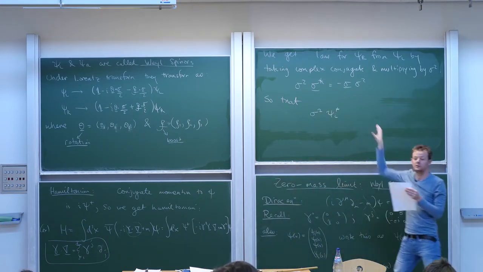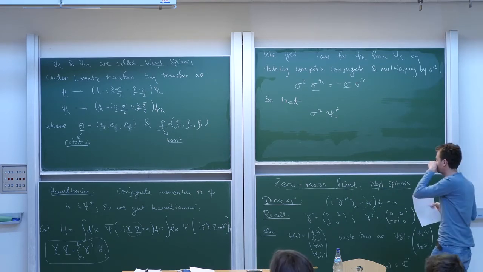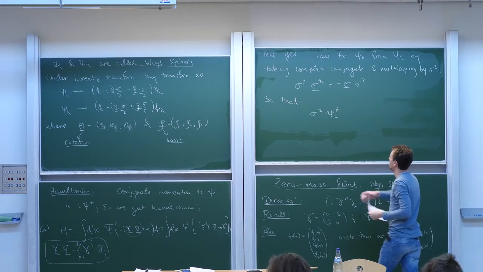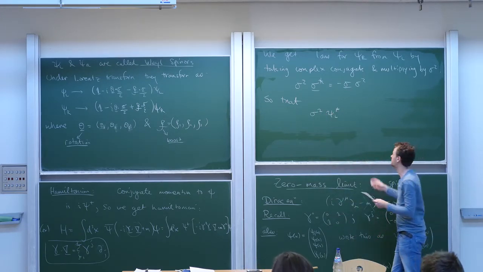And that means, if you apply that observation, then you can get an object transforming like psi R by taking an object that transforms like psi L, complex conjugating it and multiplying it by sigma 2.